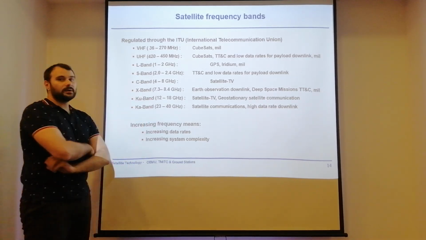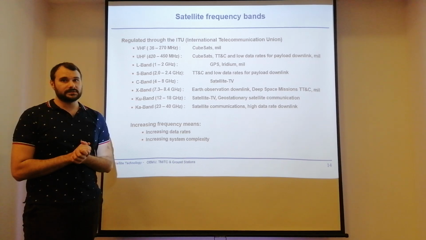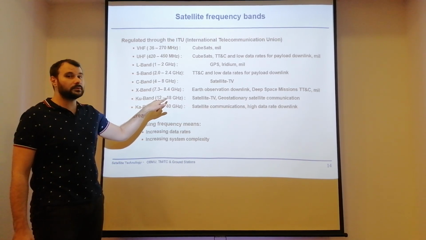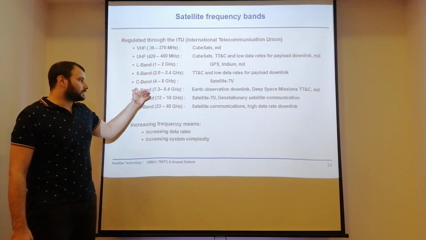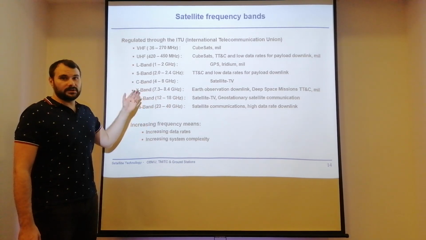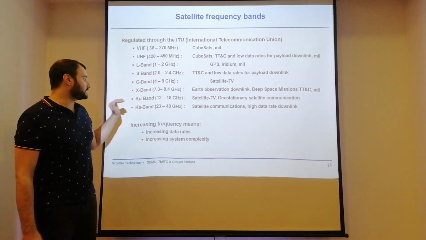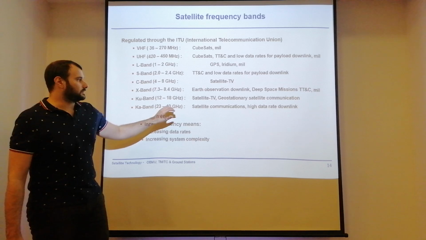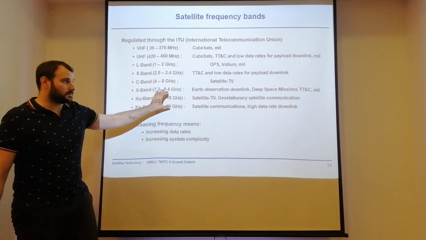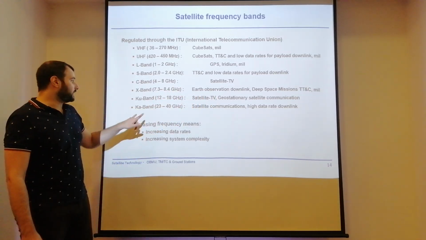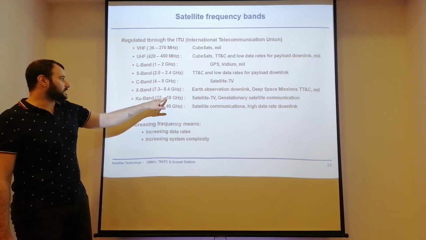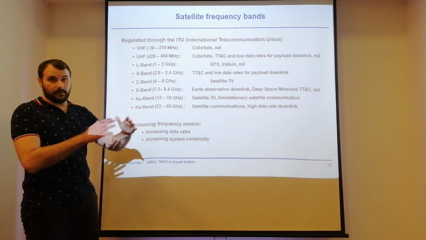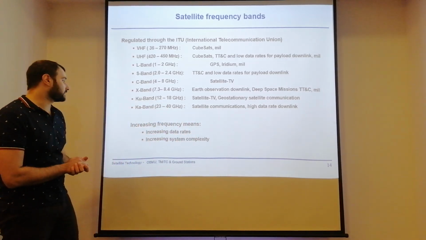Also, because the Ku band gets really packed these days, the frequency is quite limited. The bandwidth you can get within the frequency range led to many missions already moving on into even higher frequencies, such as the Ka band, between 23 and 40 gigahertz, but it would usually cover the same type of satellites. But you can see this is about 6 gigahertz of bandwidth, and here we have a much broader spectrum.